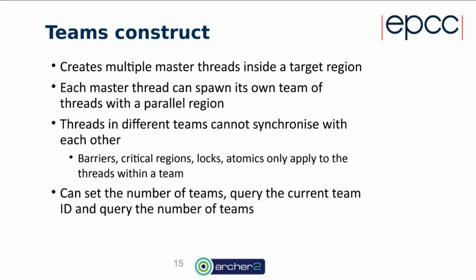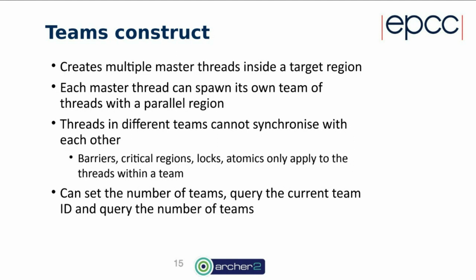But there are restrictions that mirror what the hardware is capable of here. Threads in different teams can't synchronize with each other. So the synchronization constructs like barriers, critical regions, locks, atomics only apply to the threads within a team. And then you have some control.